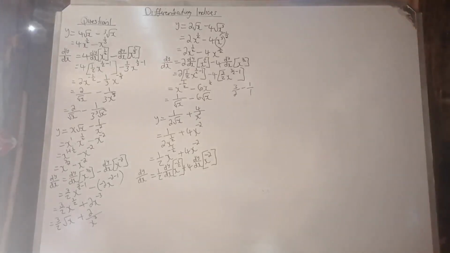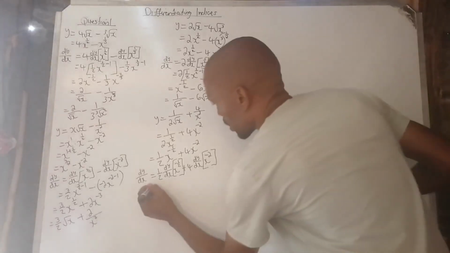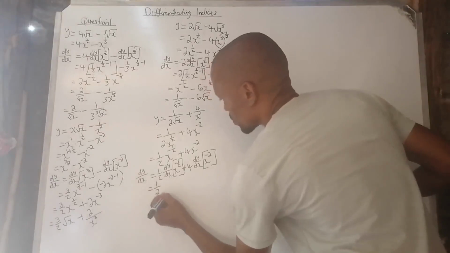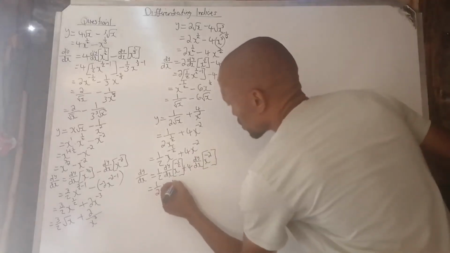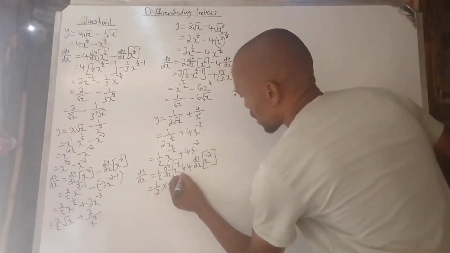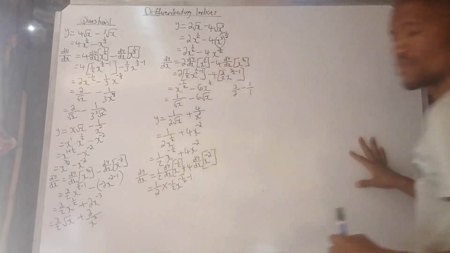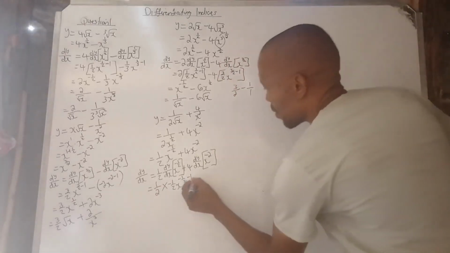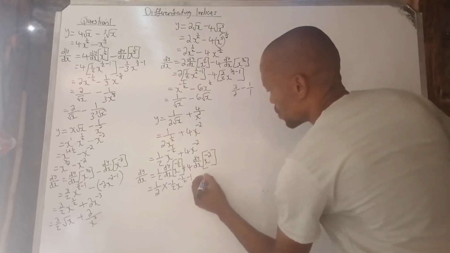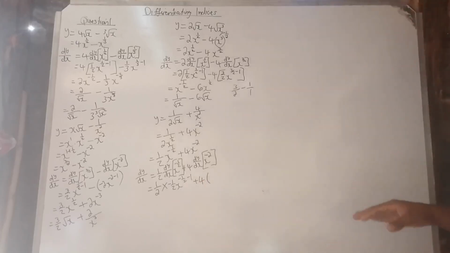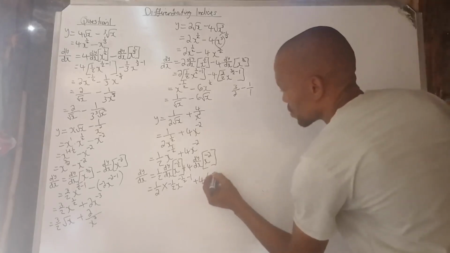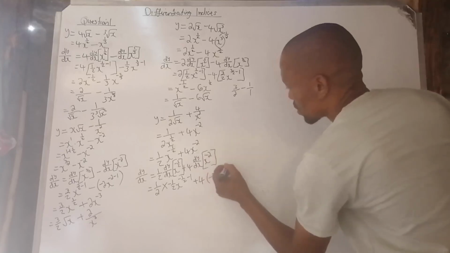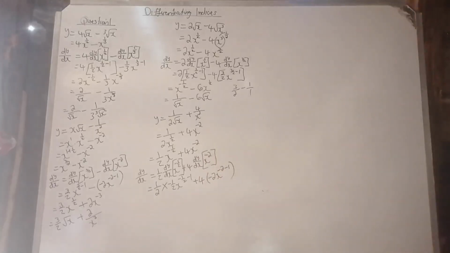Now I have my 1/2 times, bring to the front, subtract 1. Very important. Plus 4. Because there's a negative, I'm going to introduce a bracket. Bring to the front, subtract 1. Very, very important.